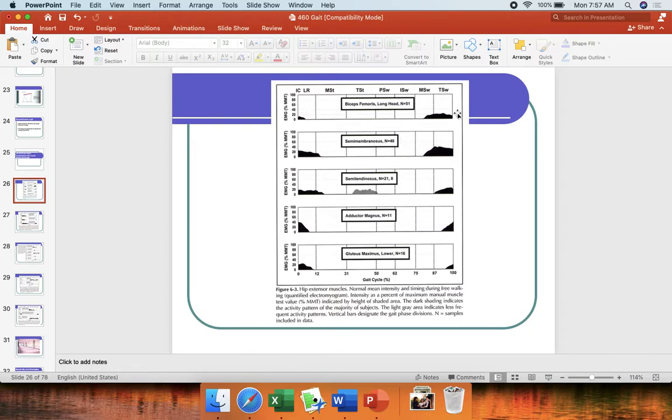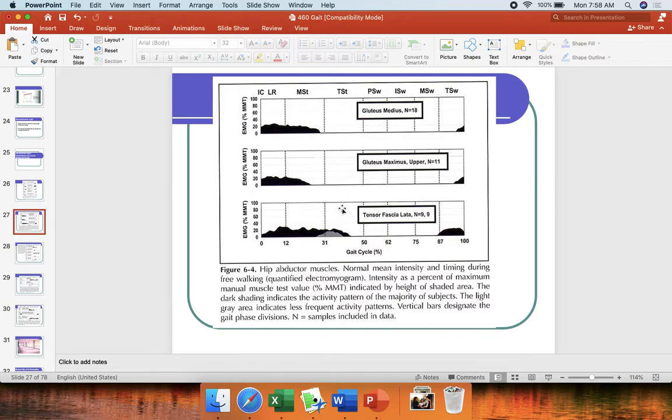But what we actually see is a sharp contraction which keeps our momentum going forward, and then we use our hip extensors in general as stabilizers and eccentrically to help slow our leg down as we swing through. So we utilize most of these hip extension muscles to help stabilize our movement going forward and to help slow our leg down during swing, so that when we come down, we have a nice controlled placement of our foot.